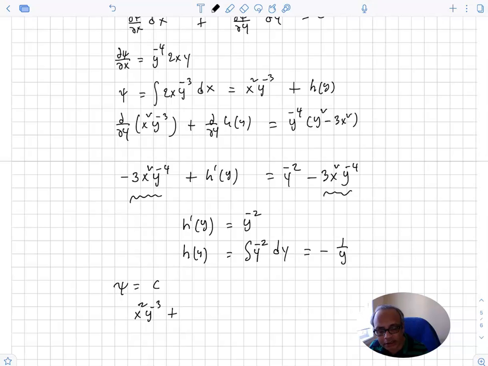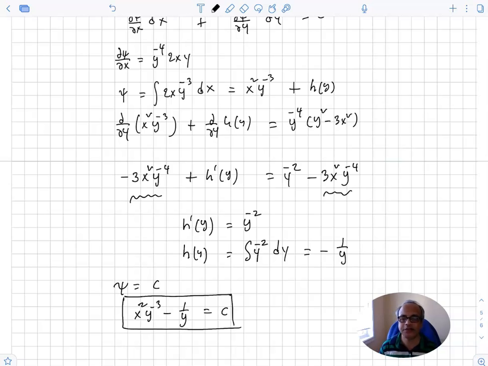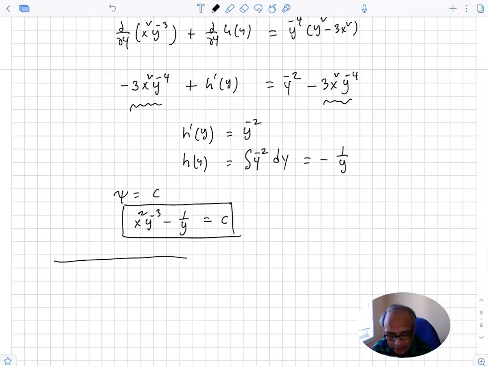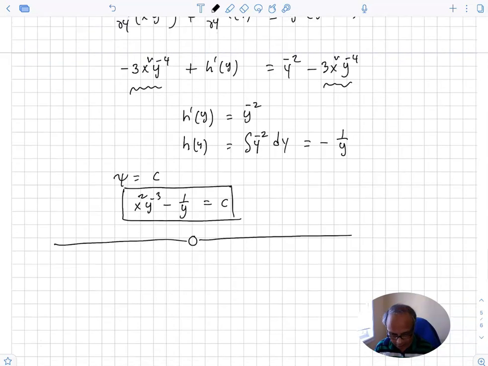So minus 1 over y equals c. And this is going to be your implicit form of the solution of the given differential equation. Good enough. I hope it is clear. If it is not clear, just replay the video to make sure you are understanding that.